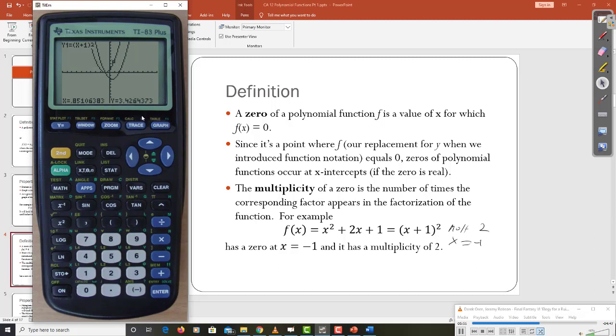Well, you can actually tell whether it's going to do that by looking at the multiplicity. If it has an even multiplicity, like (x plus 1) squared, it will bounce at its 0. If it has an odd multiplicity, like this one and this one for this function, it will cross at the 0. So that's a useful thing to know for graphing. Gives you a quick idea of what the graph's going to look like with a minimum of effort.